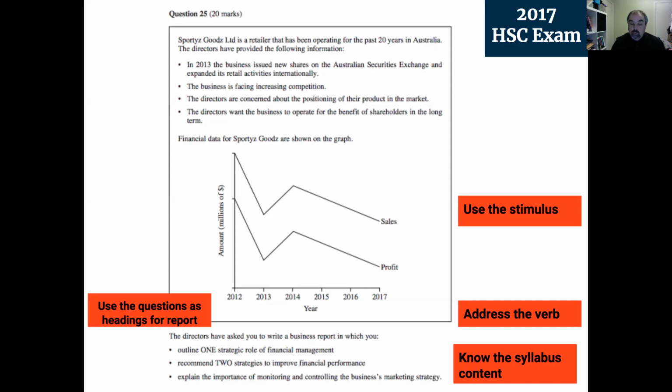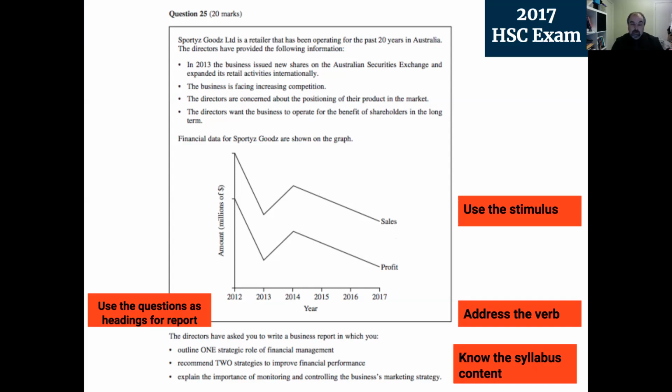So we'd have to do more with the recommend, and those financial strategies would need to match up with the stimulus material. So obviously profits have been falling and sales have been falling. So we'd probably look at strategies for profitability, and they could be things like revenue controls or cost controls.